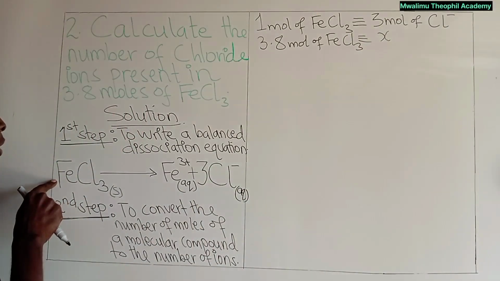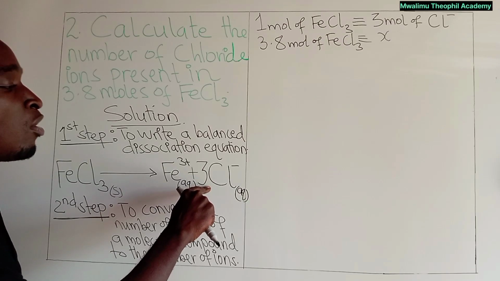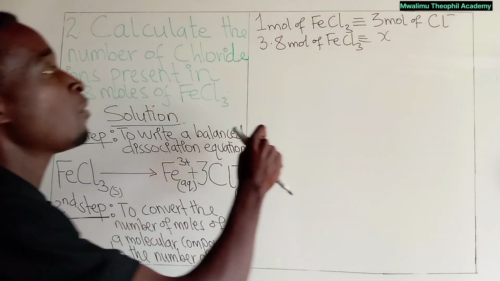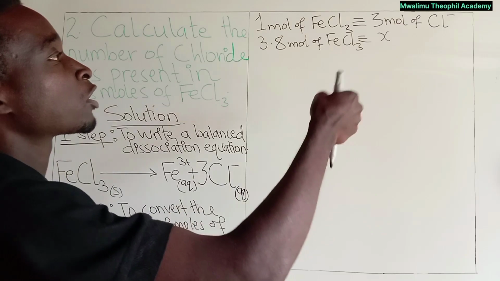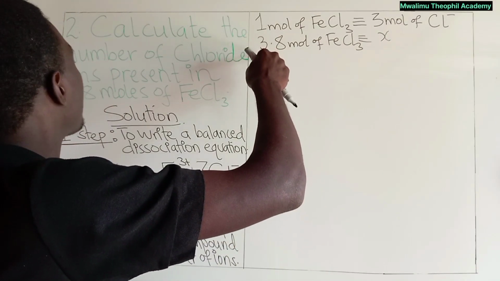So 1 mole of iron 3 chloride gives 3 moles of chloride ions. Now, how many moles of chloride ions will be in the given number of moles?